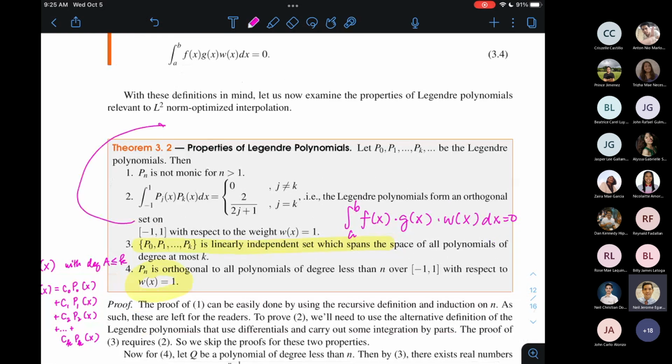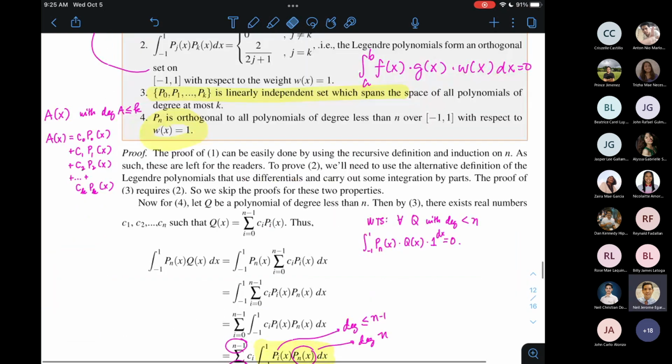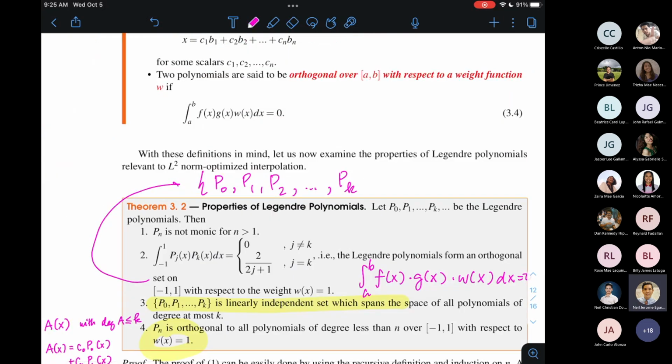Ang tinutukoy niyang orthogonal set ay yung P0, P1, P2 hanggang P sub k, kung ano man yung pinakamalaking degree. Or actually, hindi pala. Lahat ito ng Legendre polynomials, sorry. Yung set of all Legendre polynomials ay isang orthogonal family. Kasi para magkaroon ka ng isang orthogonal set or isang orthogonal family, dapat pag kumuha ka ng dalawang magkaibang elements mula sa family na yon, ang integral niya ay equal kay 0. Or ang integral ng product nila ay equal kay 0.